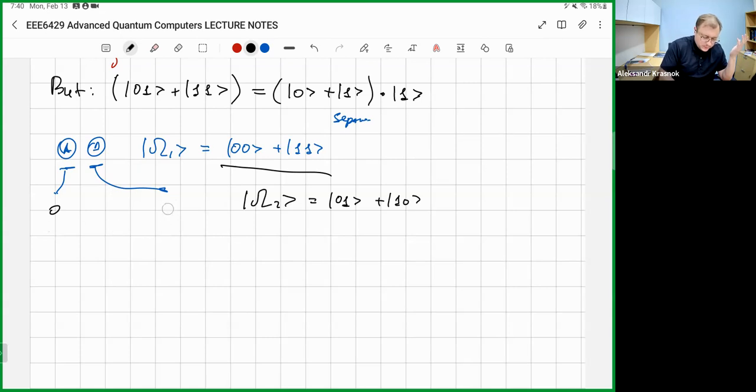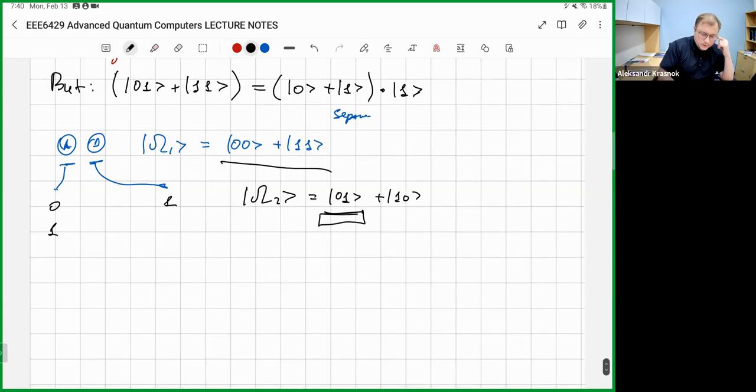Now, if you detect 0 on your side, then your Bell state collapsed to one of these terms, the first one, and the substate B will be exactly in the state 1 with 100% certainty. And vice versa: if you detect 1, the substate B is in the zero state. This is how it works.